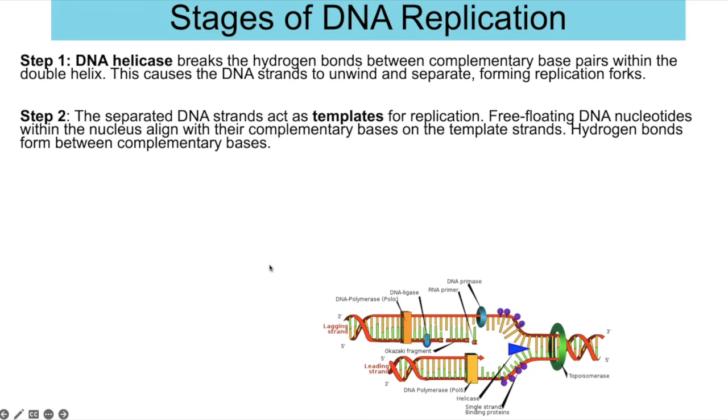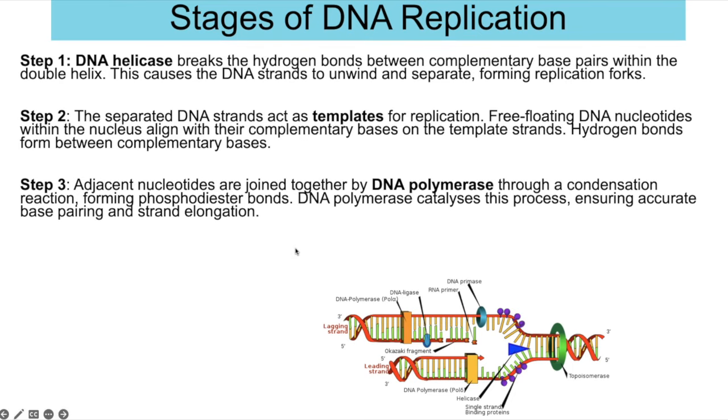Step 2 then, those 2 separated DNA strands will now both act as a template for new DNA strands in DNA replication. Free-floating DNA nucleotides that are always within the nucleus will align opposite their complementary bases, and they'll form hydrogen bonds between those complementary bases. But at this point, the nucleotides aren't joined together with the phosphodiester bond.